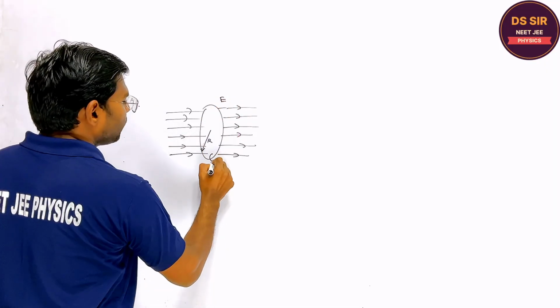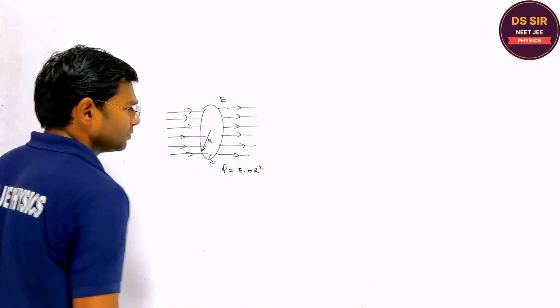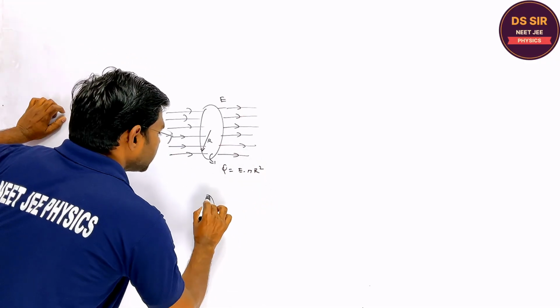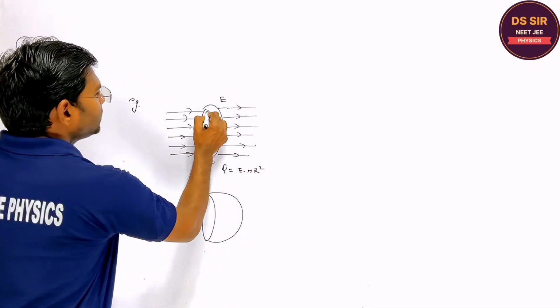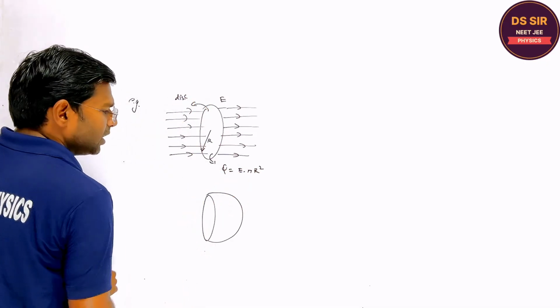Can you tell me what is the flux linked with this? You will say pi r square. If this is the disk, and this is the hemispherical shell, the electric flux for the disk is E into pi r square.